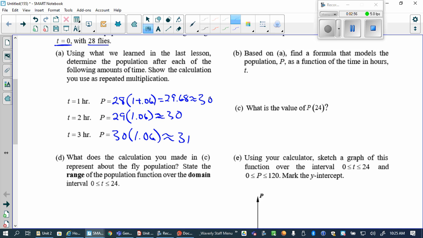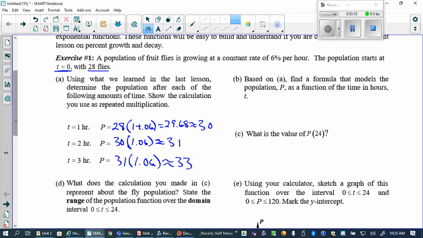If that's 30, then that changes a little bit. So this would be 30, and then 31, and now 31, and then 33. We're going to round up to the next fly.